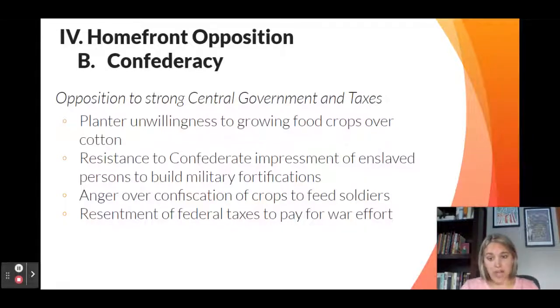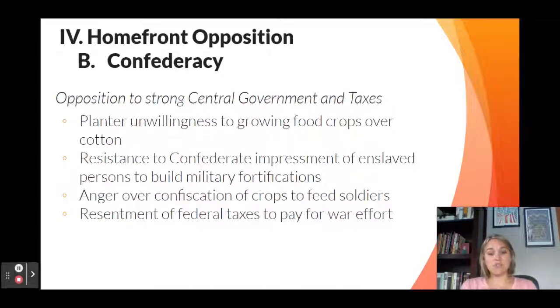Another huge opposition in the Confederacy was the opposition to strong central government. This is kind of the ironic part, that the Confederacy is in favor of states' rights, but in order to win the war effort, they have to have a strong central government. And so the states end up opposing that. They try to get planters to grow food crops over cotton, and the planters resist that.